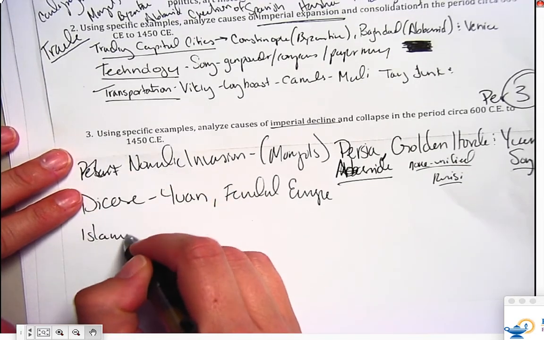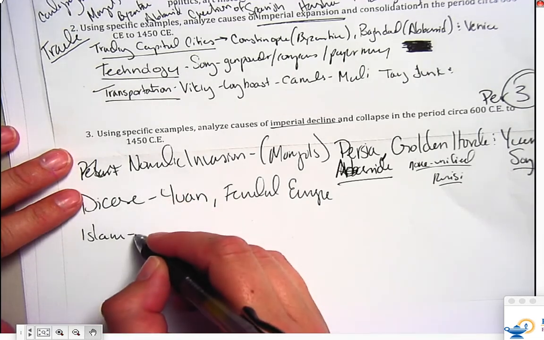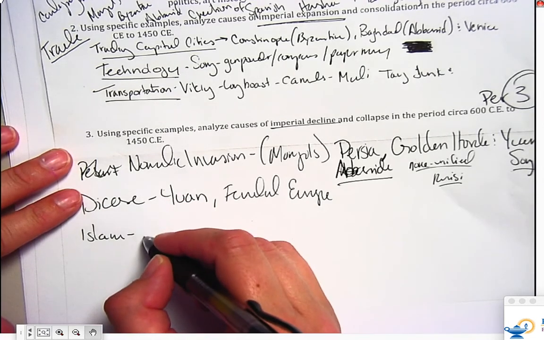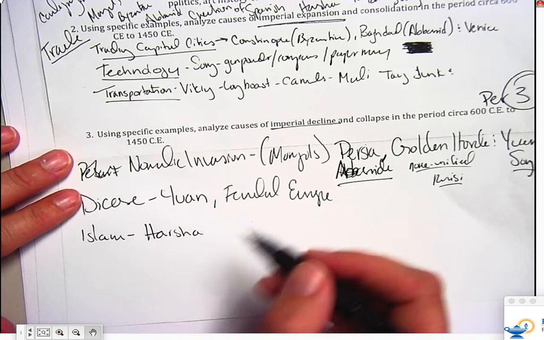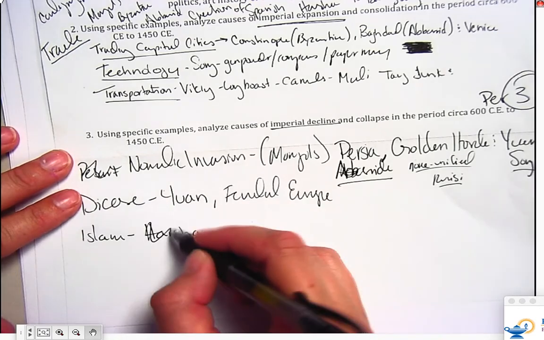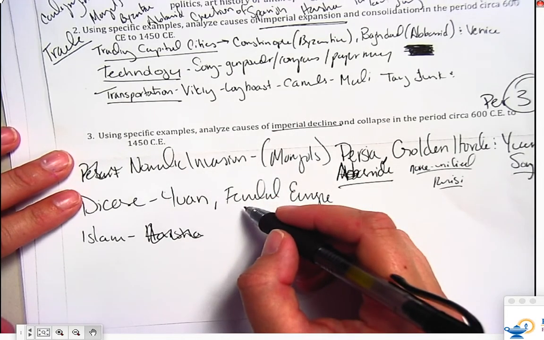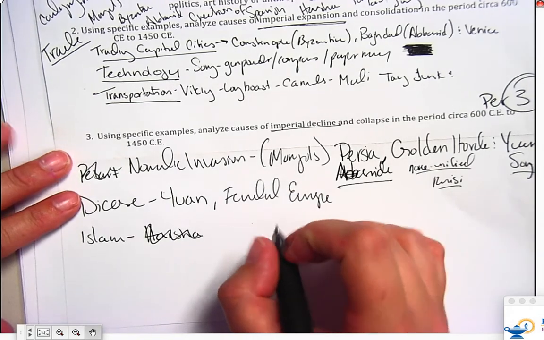What empire would you focus on for Islam coming in and taking over? Adrian? Non-unified India? Well, we do have some unified parts, so you could say Islam, Harsha is going to fall to it. Can we agree? It happens beforehand. It's kind of tricky, that one.